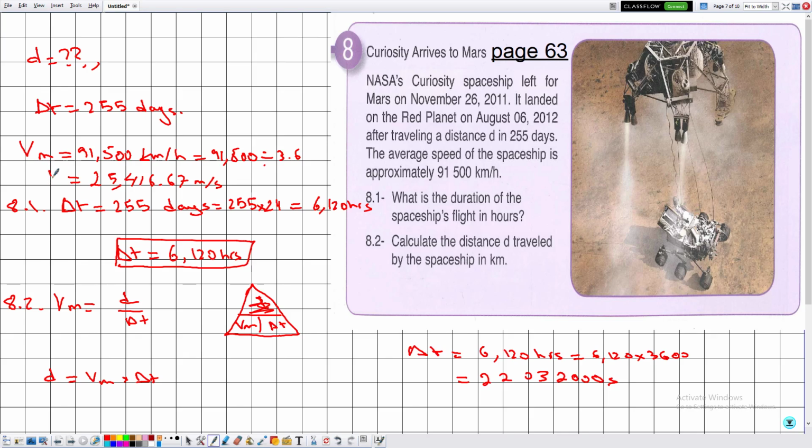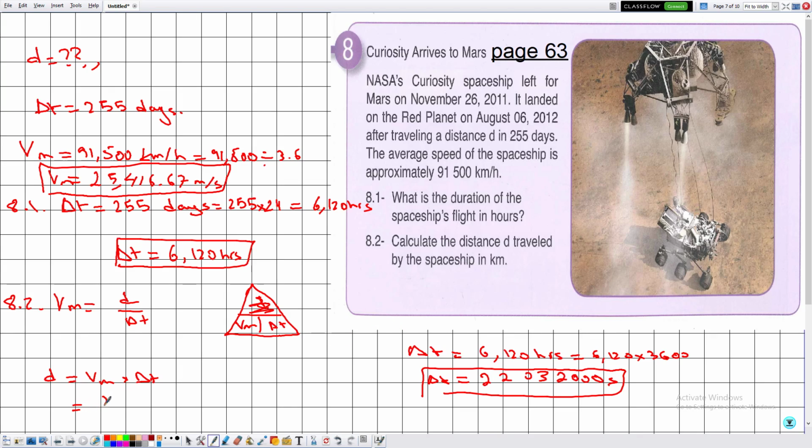We have determined Vm in the SI and delta t in the SI, so now the value of d will be in the SI, which is meters. After we determine d in meters, we will convert it back to kilometers.